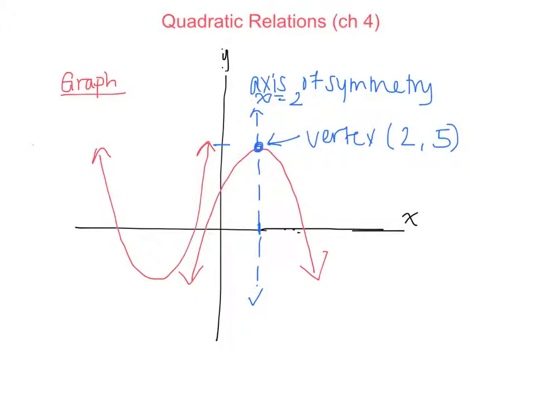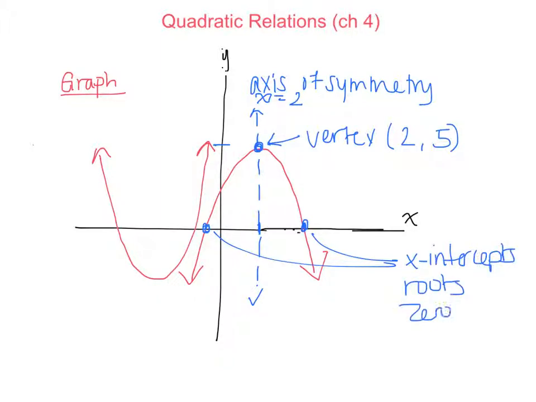A couple other points you need to know on the parabola. You need to be able to identify the x-intercepts. So there's one right here, and there's one over there. Those can be referred to as x-intercepts. They can also be called roots or zeros, because at that spot y is equal to 0 for that function.